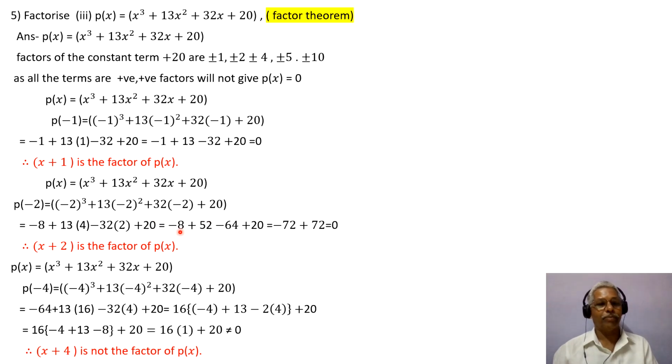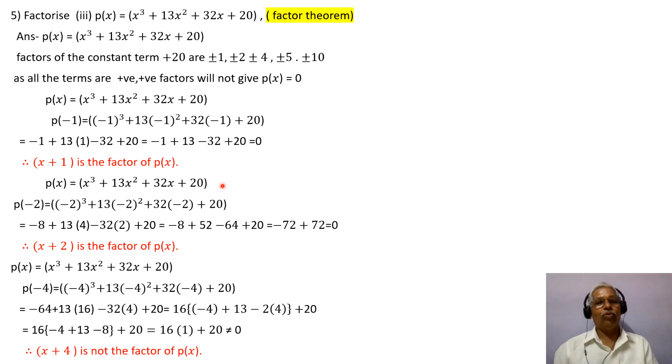If we solve this, we get minus 8 plus 52 minus 64 plus 20, and we end with minus 72 plus 72, that is 0. Very lucky to find two factors out of three, because this will have three factors. The degree of the polynomial is 3, so we immediately got two factors, x plus 1 and x plus 2, both are factors.